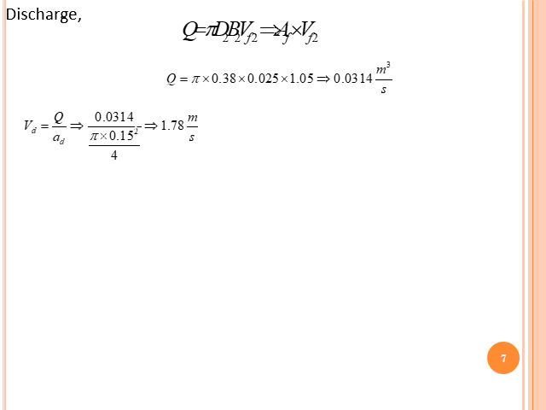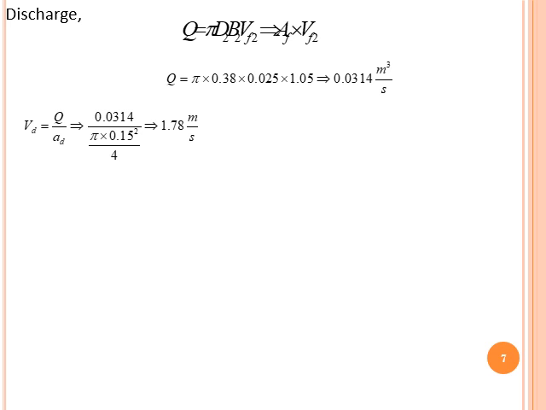Next, what is the velocity at the discharge pipe? Vd represents the velocity at the discharge pipe. Once again this is calculated by using the expression discharge is equal to area into velocity, here considering the area of the pipe. Small a_d is the area of the pipe at discharge, Vd is the velocity of the water at the discharge pipe, and Q is the discharge at the delivery pipe.